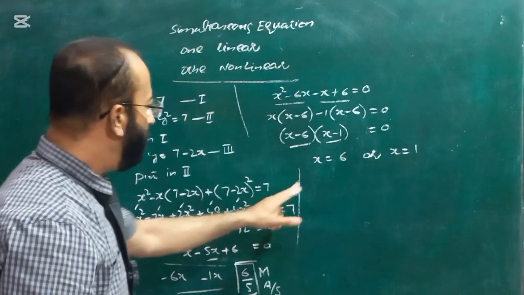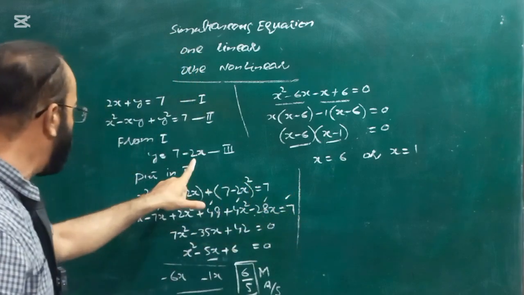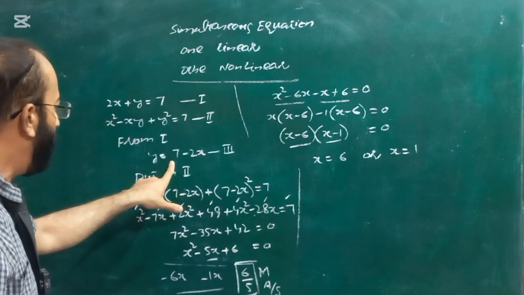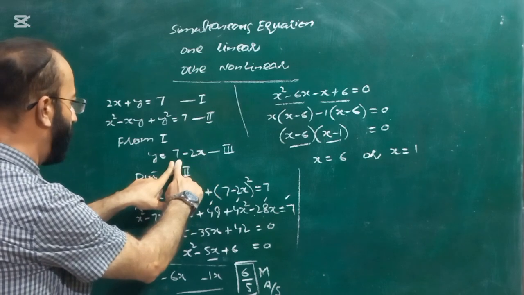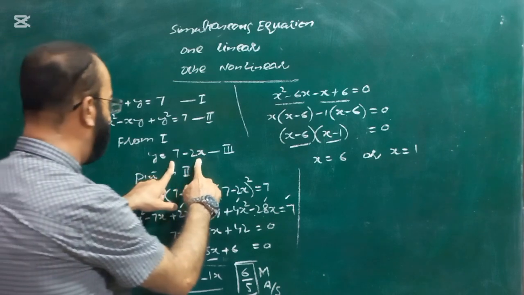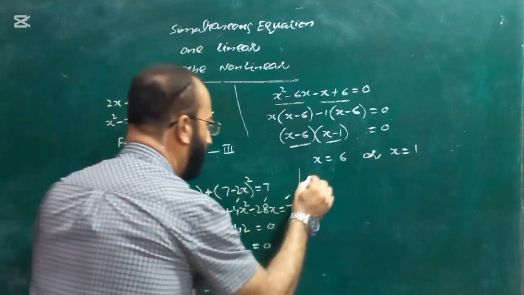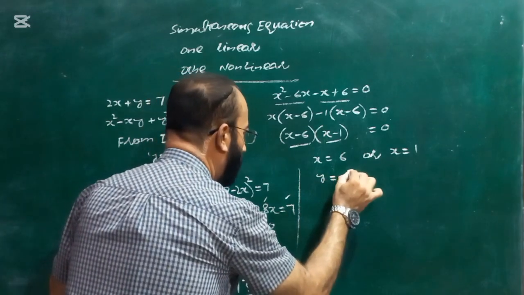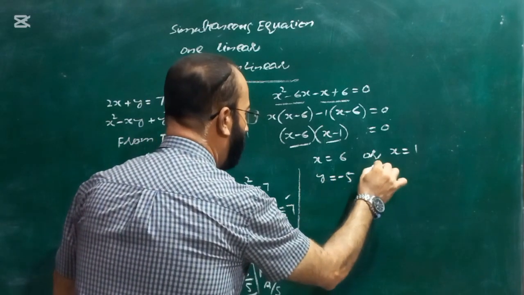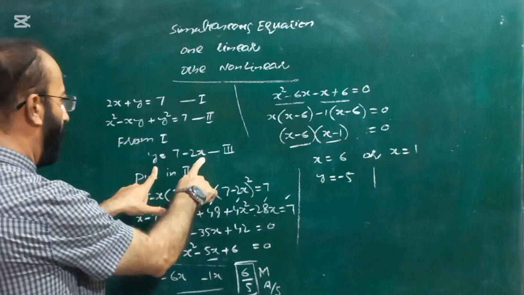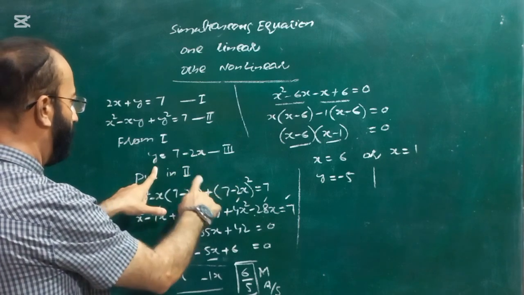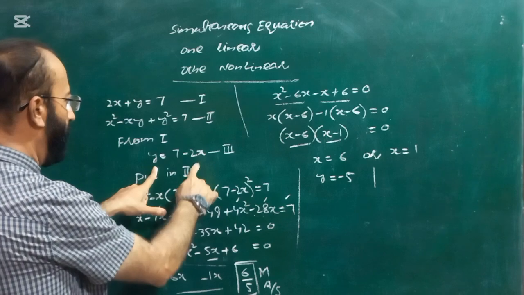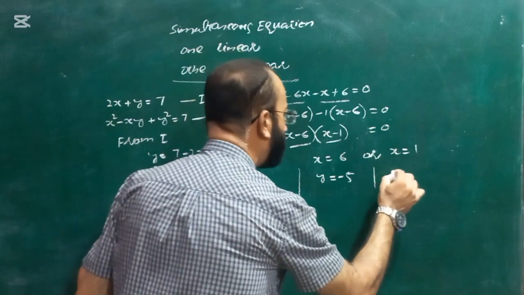Okay, when we put x is equal to 6 in the third equation, 2 sixes are 12, so 7 minus 12 will be y equals minus 5. And when we put x equals 1 in place of x in the third equation, 7 minus 2 will be equal to 5.